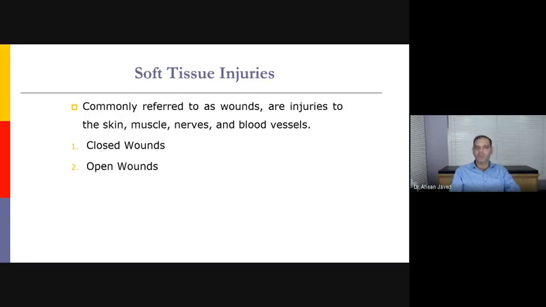If the superficial skin is intact, it will be labeled as a closed soft tissue injury, and if the superficial skin ruptures, it will be labeled as an open soft tissue injury, or a closed wound or an open wound, respectively.